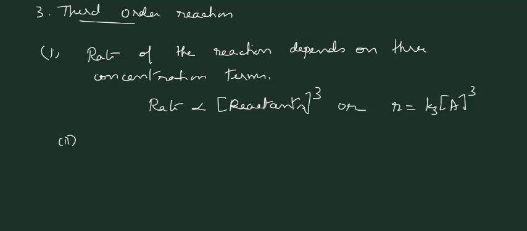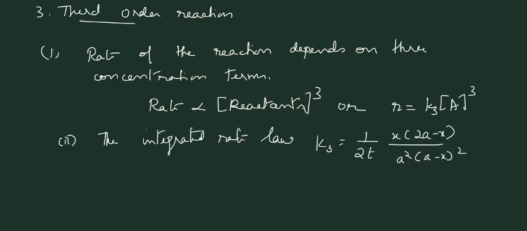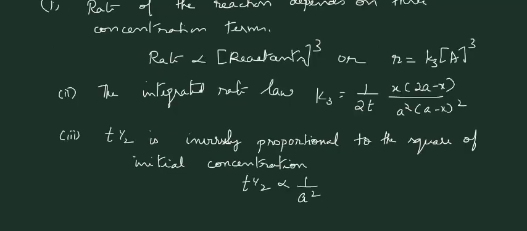Second one is the integrated rate law, which is 1 by 2t x into 2a minus x divided by a square into a minus x the whole square. Third one is T half is inversely proportional to the square of initial concentration. T half is proportional to 1 by a square. And fourth one is unit of rate constant is liter square mole raised to minus 1 time raised to minus 1.